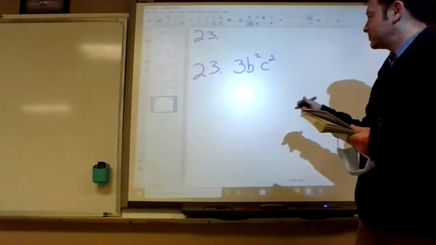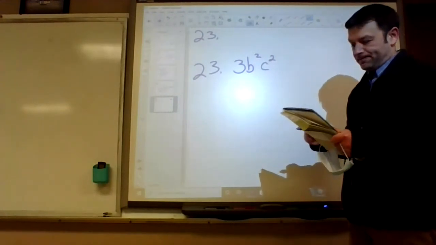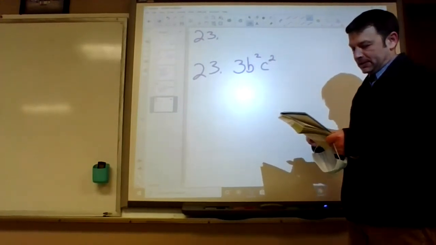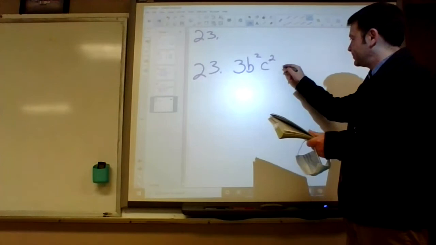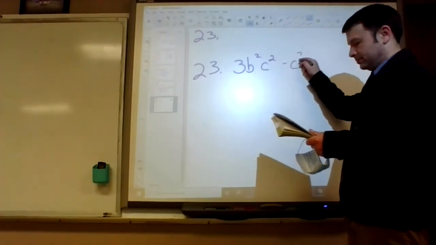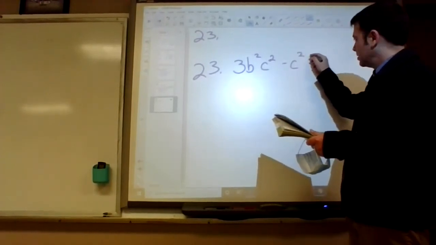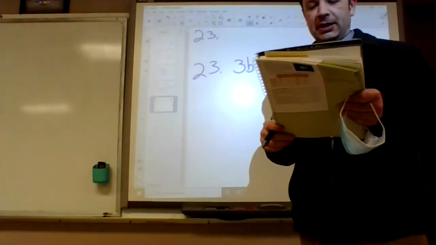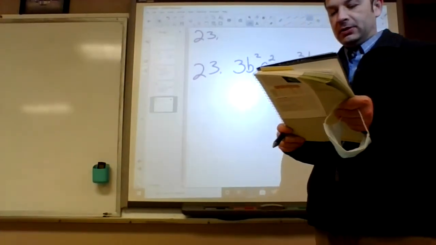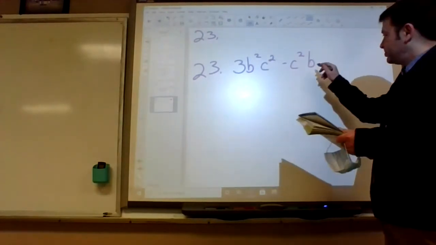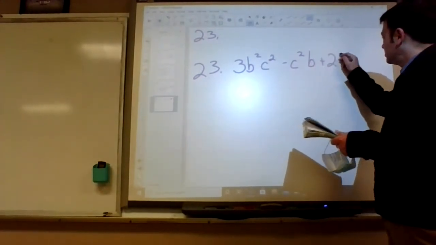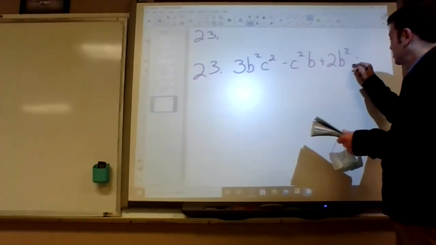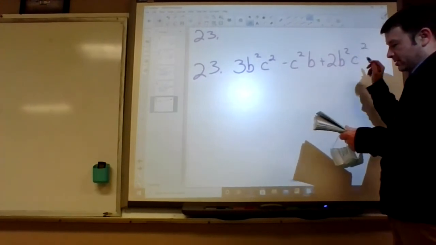That times itself. Does the middle term simplify any? No, it does not. Does the last term simplify any? What's b times b? B squared. Okay, do we just leave it like that?